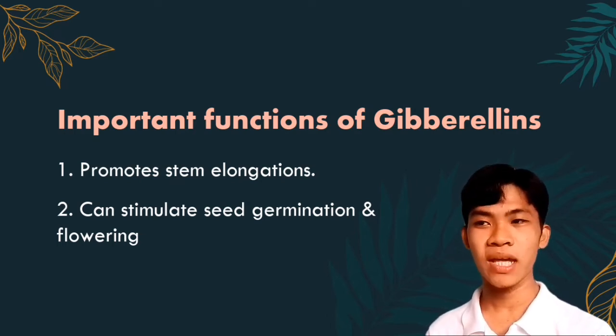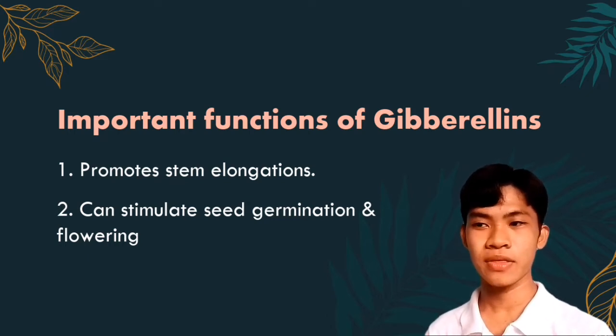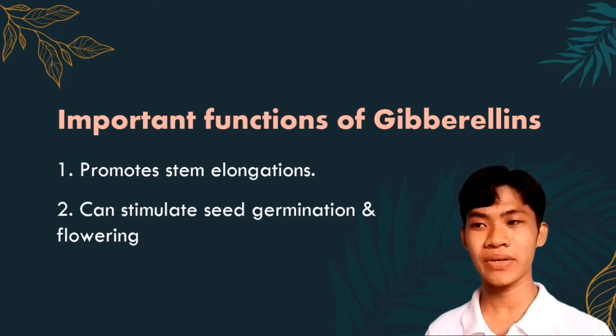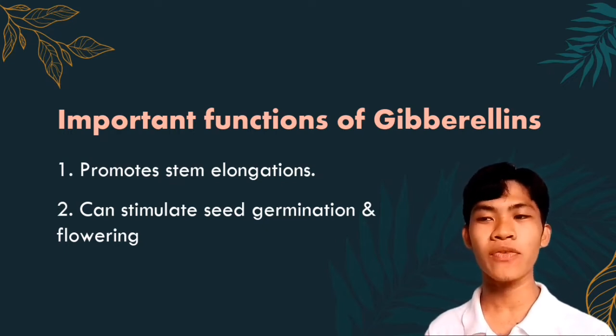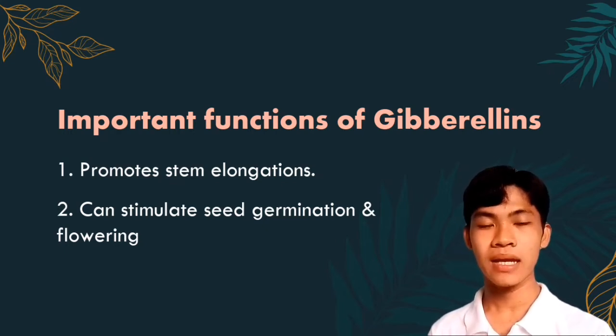And also, it helps a fruit to grow. So, if a plant has little or no gibberellins, it will result in dwarfism, or it will not grow as expected. Therefore, gibberellins are an important hormone of the plant in terms of its growing stage.